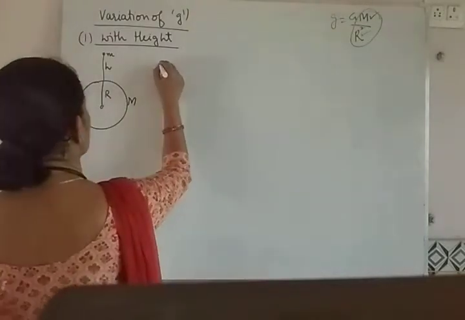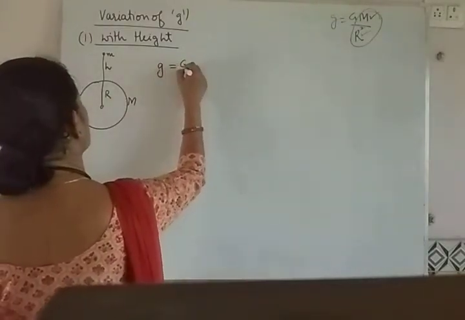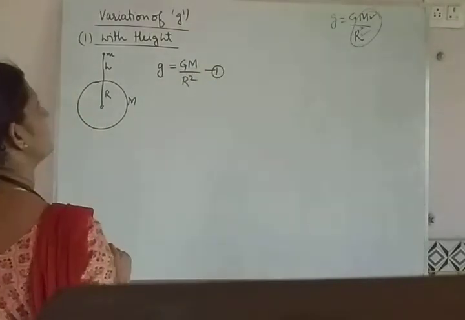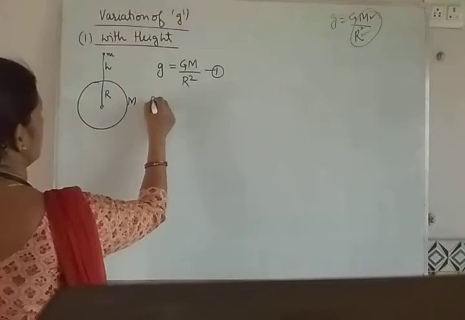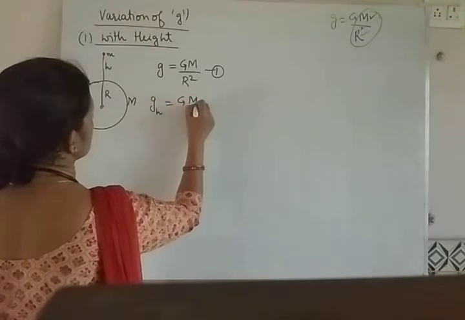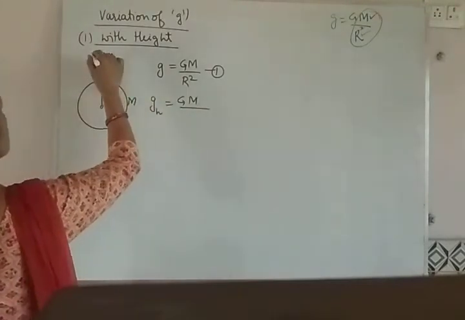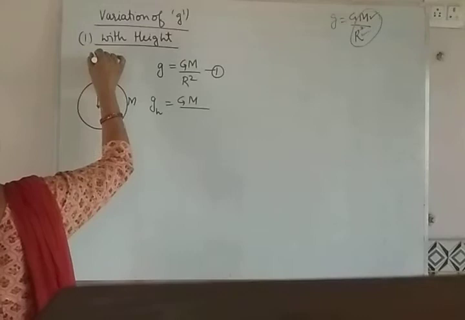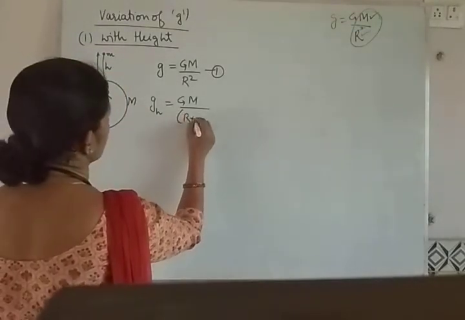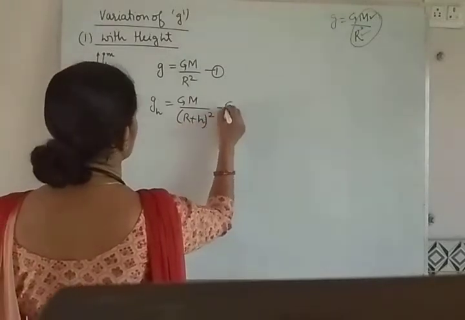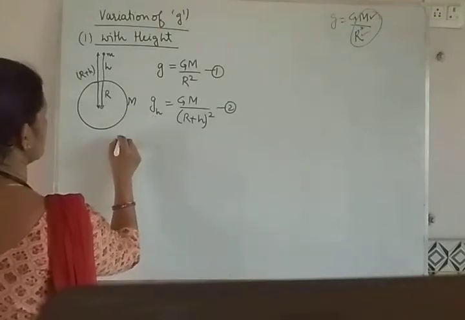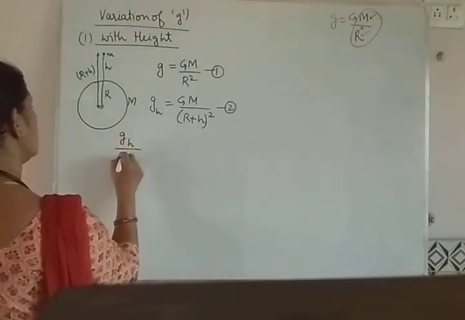So the acceleration due to gravity, we know the formula, this is GM by r square, and the gravity at some height will be GM by, this distance is changed now and the value becomes r plus h. So here we will take r plus h whole square. To know the value at some height, we divide gh by g.